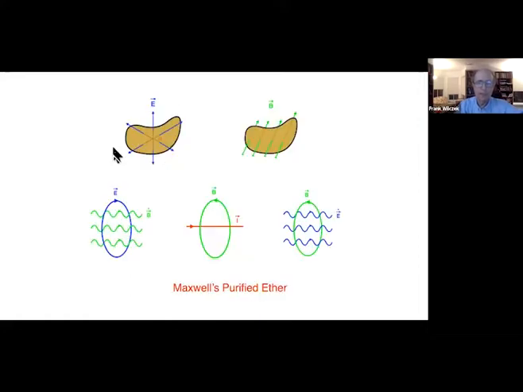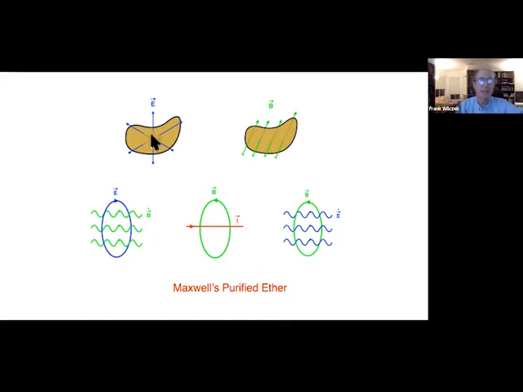Maxwell purified this to make the electric and magnetic fields more abstract in his later formulation. So he took away the underlying gears and flywheels and lubricating elements and just had fields in space, electric and magnetic fields. However, if you squint, you can still see the underlying model there.